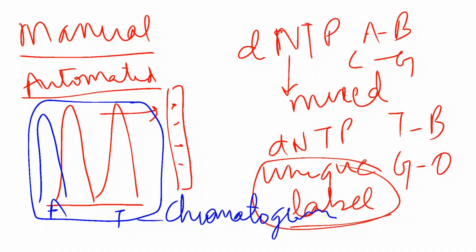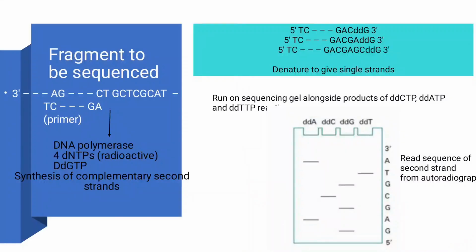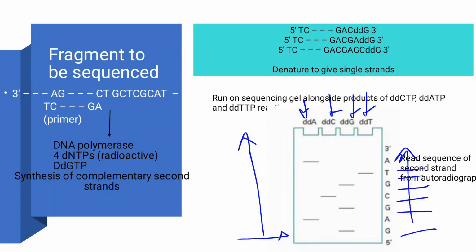But in manual Sanger sequencing, the user reads the 4 lanes. We have to read the sequence from bottom to top, like G, A, G, C. The complementary sequence will be the template DNA sequence.